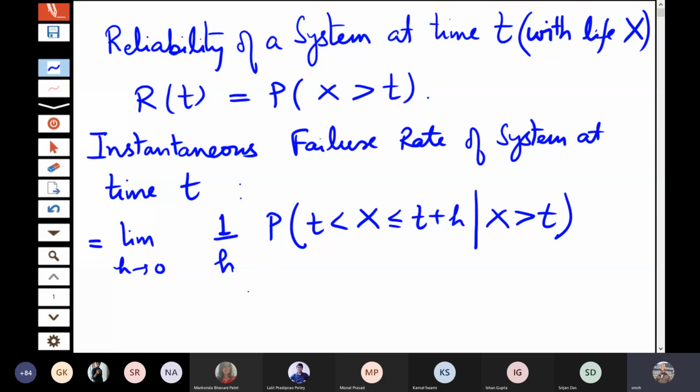Now let us try to find out an expression for this. It is equal to the limit as h tends to 0 of 1 by h.